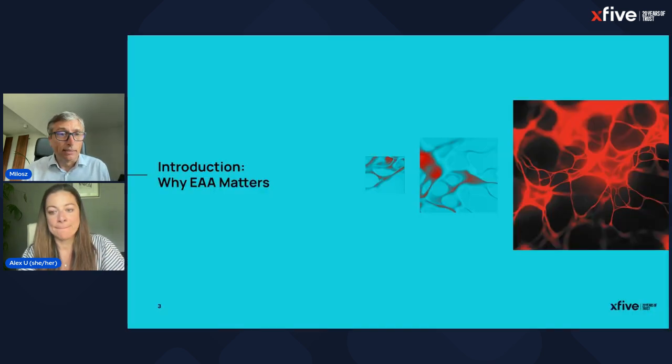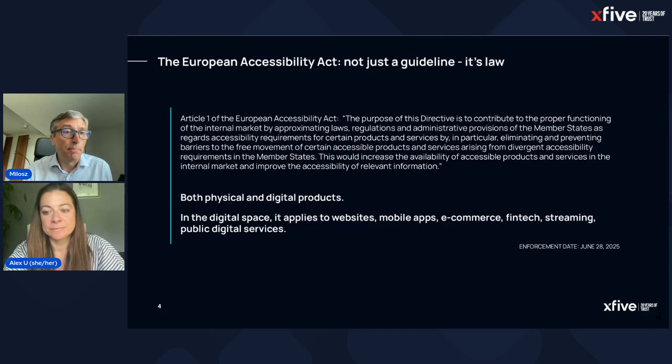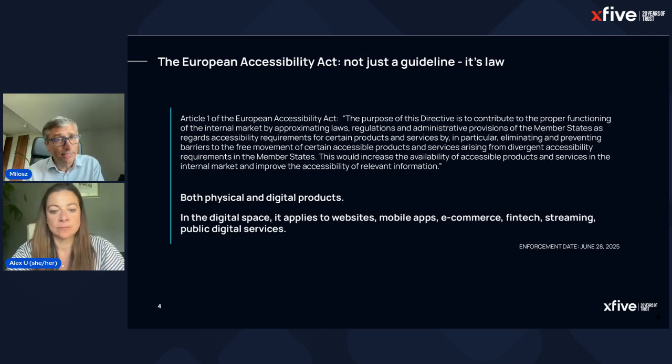All right, then let's begin by grounding ourselves in what the European Accessibility Act really is. This is not a set of suggestions, it's just a law. The European Accessibility Act, shortly called EAA, is a binding directive designed to harmonize how European Union countries handle digital accessibility.